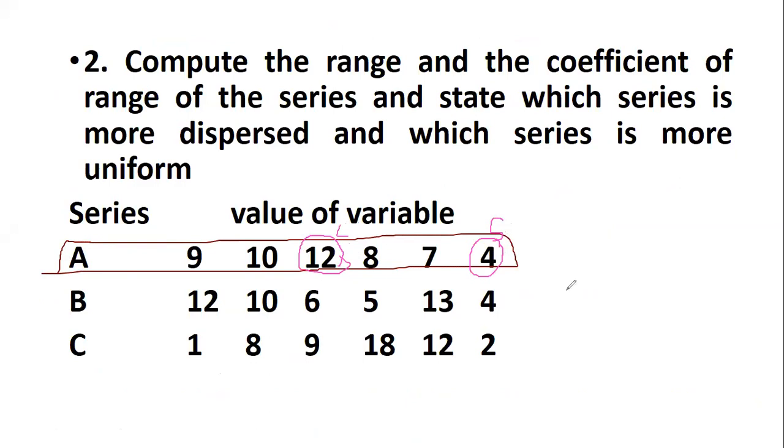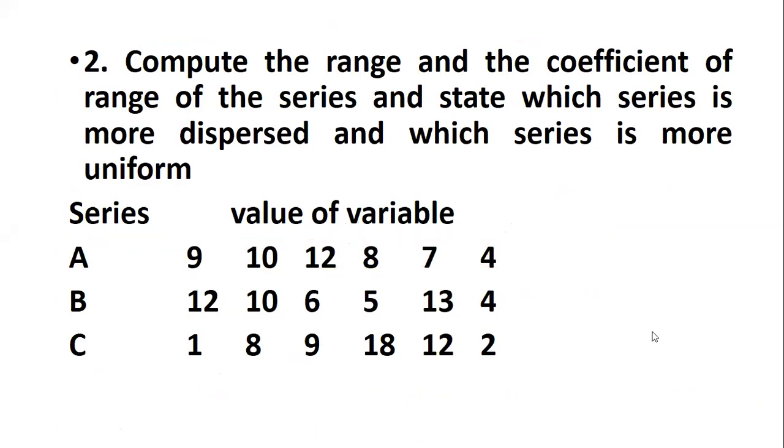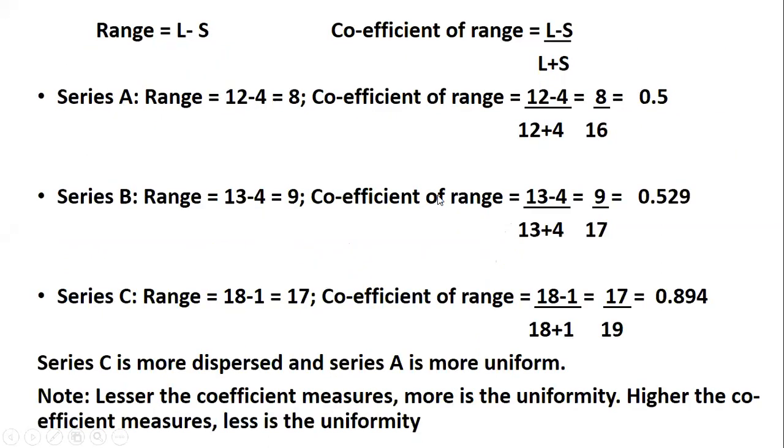So let's go back to the solution and solve for series A. Largest number 12 and smallest number 4. So L minus S, 12 minus 4 is 8. Now once you know L and S value, it is easy to find out coefficient of range. So you have 12 minus 4, then 12 plus 4.